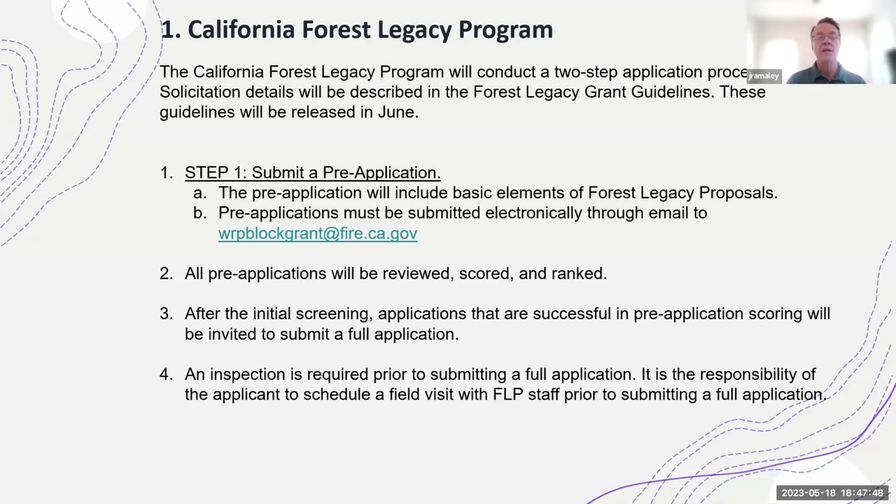Also, this application is going to include, and you'll see this through our grant guidelines, the word CURRENT, in bold and in caps. That means acquisition projects that people are ready to go with right now.